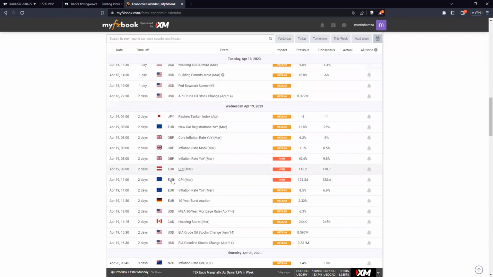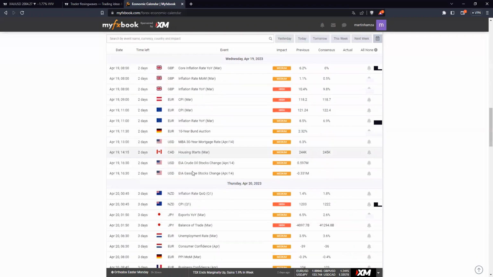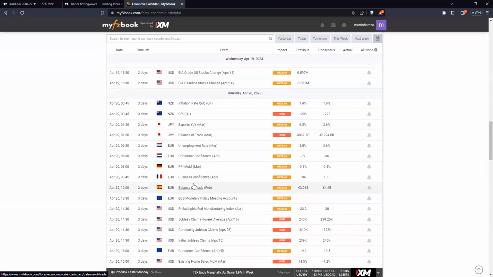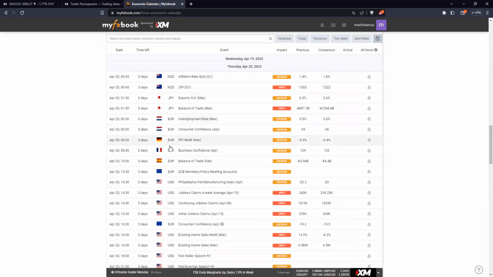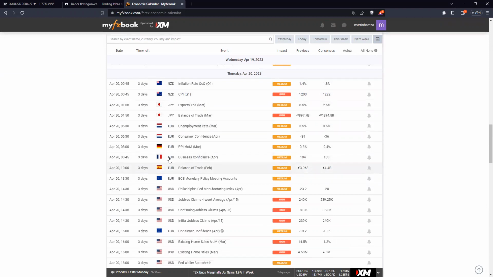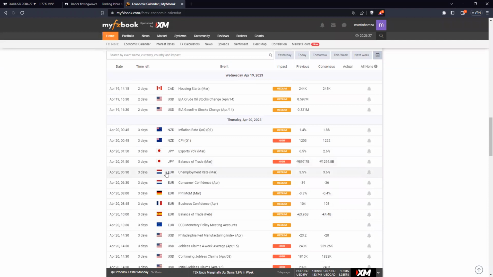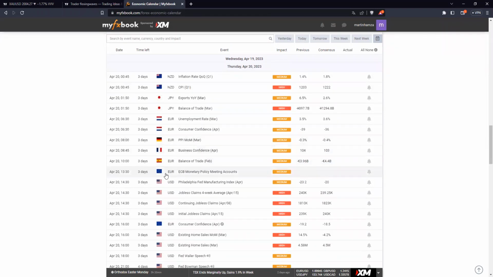The CPY on the Eurozone, maybe the inflation rate from the GBP. CPY from the NZD could be also interesting. So what we see is mostly the news on the euro, Canadian dollar, NZD.